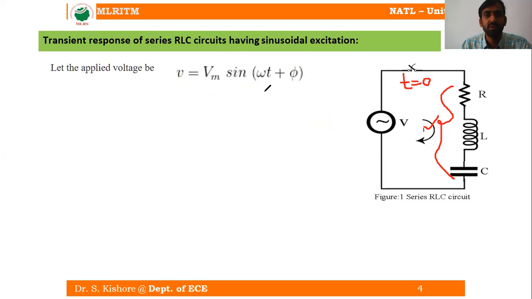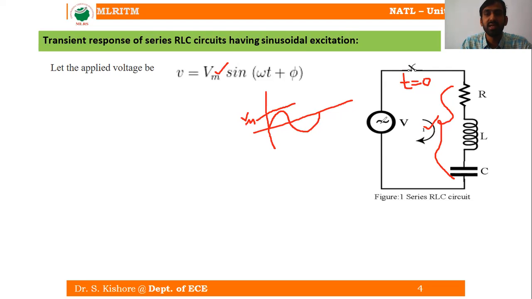If you want to know how we came across this expression, let me take a sinusoidal signal. So this Vm is nothing but your amplitude. Vm is nothing but your Vmax, or the maximum amplitude of your sinusoidal source signal. Let us consider this as the sinusoidal signal. So this is going to be your Vm over here. So the amplitude of the signal is given by Vm.